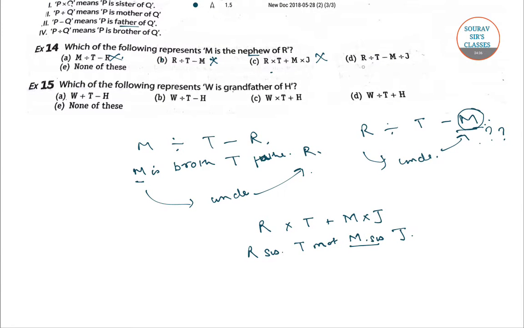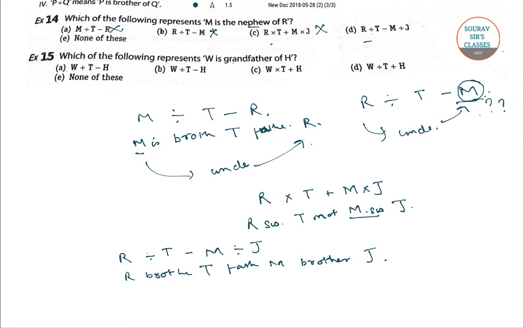Now we will see the fourth one, that is R divided by T minus M divided by J. So R is brother of T, who is father of M, who is brother of J. Now, R is brother of M's father, so definitely R is uncle of M, and since M is brother of J, we know the gender of M, that is male.